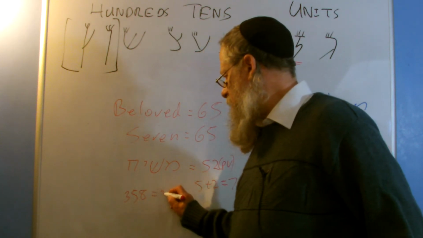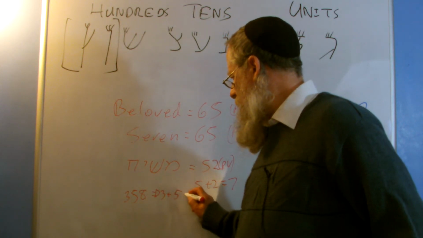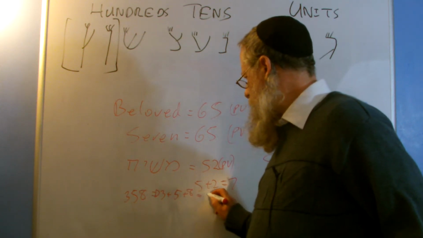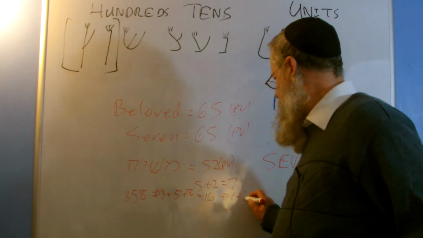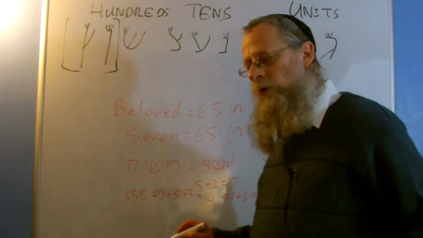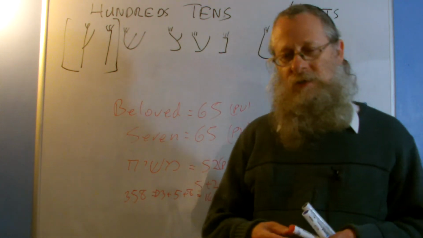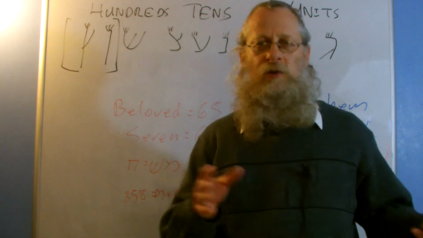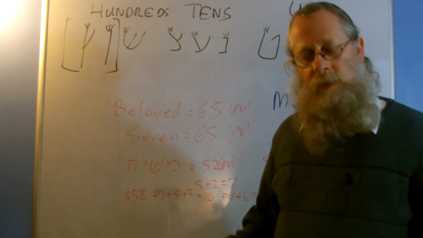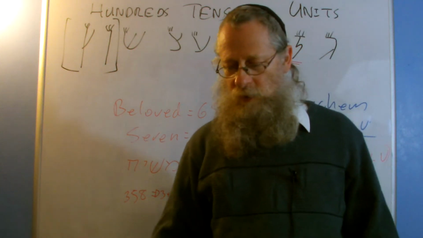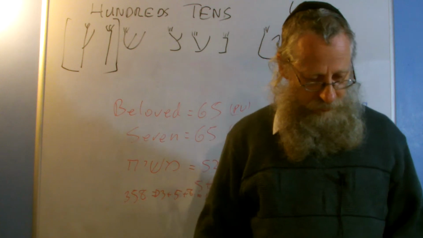You add the digits: 3 plus 5 plus 8 is 16, and then 1 plus 6 gives you 7. That will always be the case with the normal values and the placement values, because it doesn't matter which one you use. If you reduce it to a single digit, it will give you the same value. So it doesn't matter which way you go.